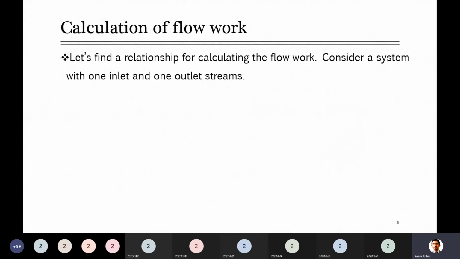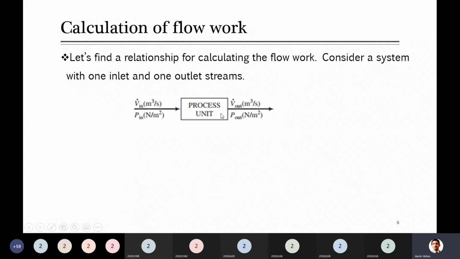There is one process in which one stream is getting in, with some pressure and volumetric flow rate. At the same time, a single stream is leaving the process unit. Process unit means anything like your reactor, distillation unit, pump, anything you can consider. When it is leaving, it is at some pressure and its volumetric flow rate is given.